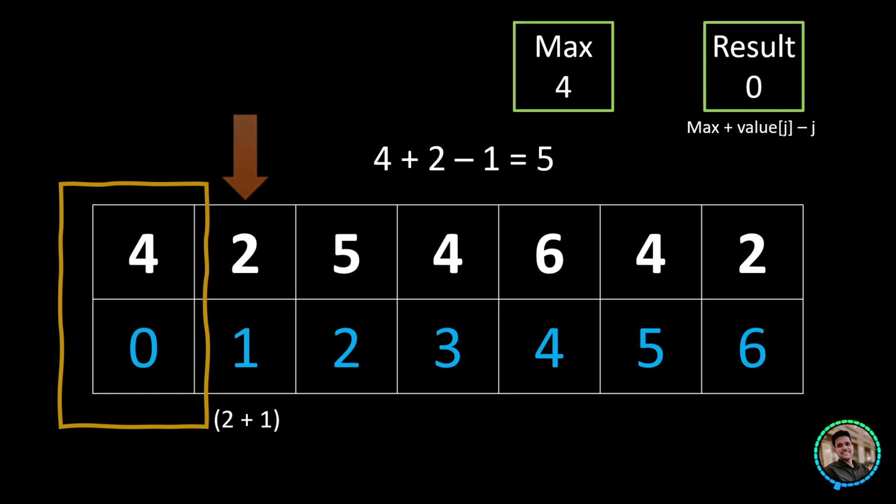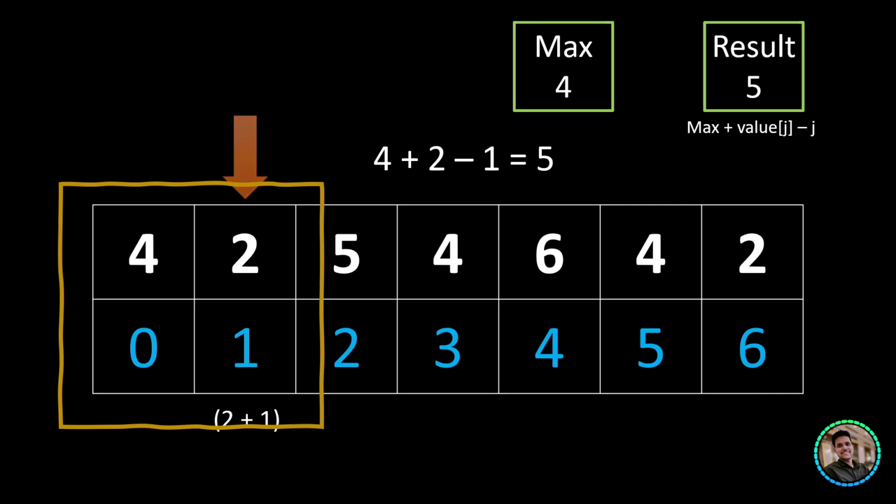So if we put that into the equation, it becomes 4 plus 2 minus 1, which gives us 5. Since this particular value 5 is greater than the result, we put that into the result. Now the previous index includes the index 1 as well, and we try to find out what is the max that we can get.